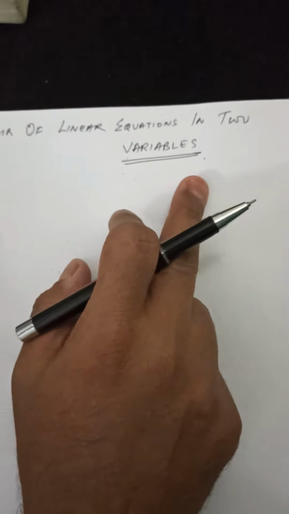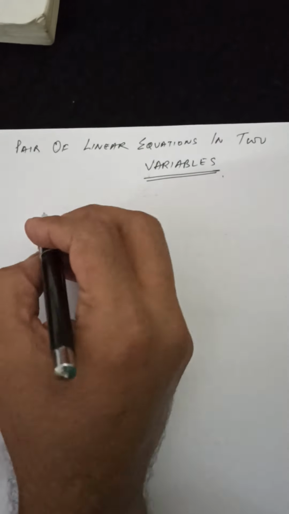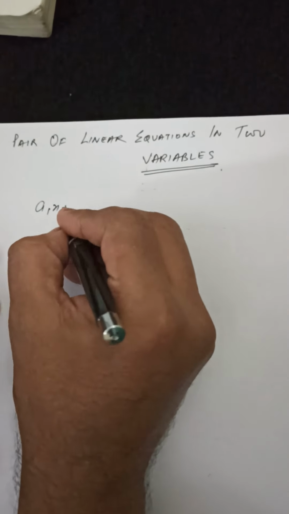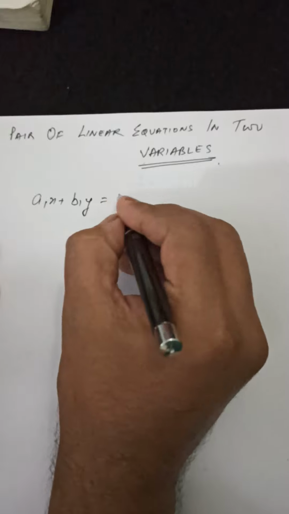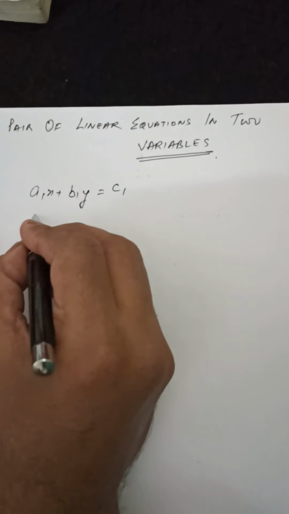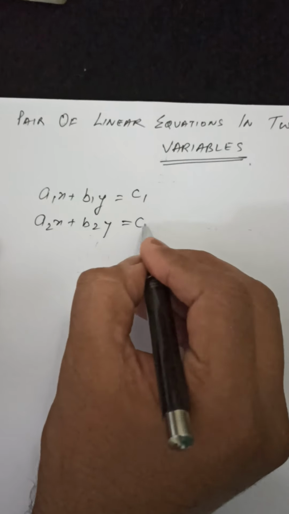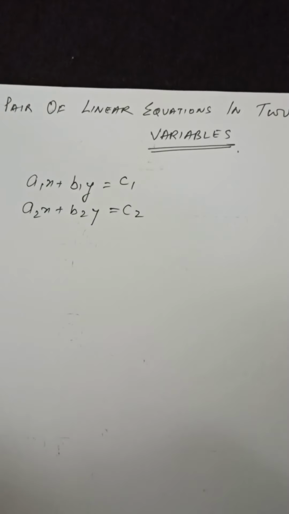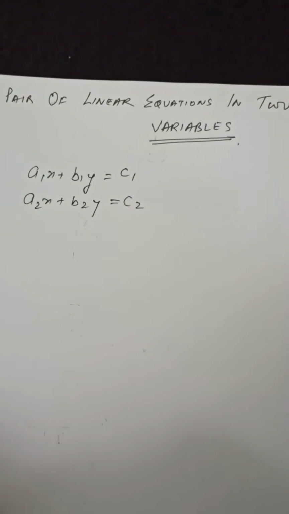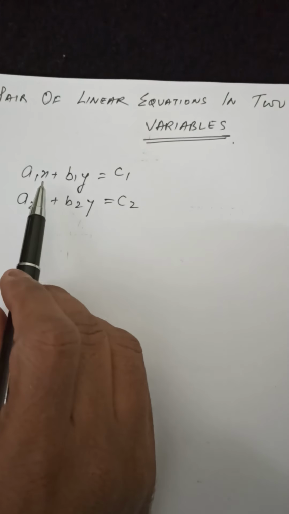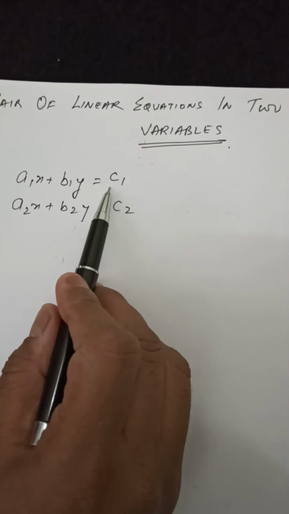In our previous episode, we have seen linear equations in two variables. Now, continuing the same, pair of linear equations in two variables. If a1x plus b1y is equal to c1 and a2x plus b2y is equal to c2 are two linear equations, the first equation has got coefficients a1, b1 and c1.